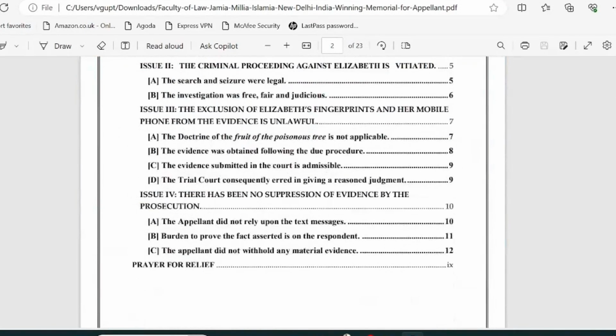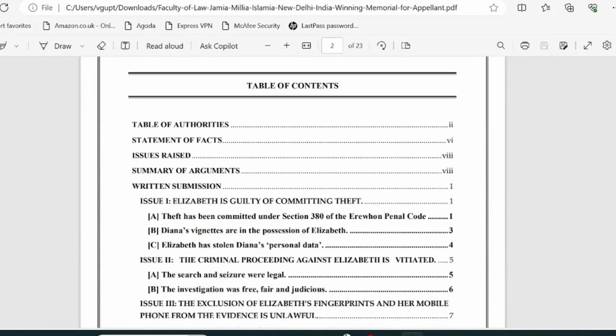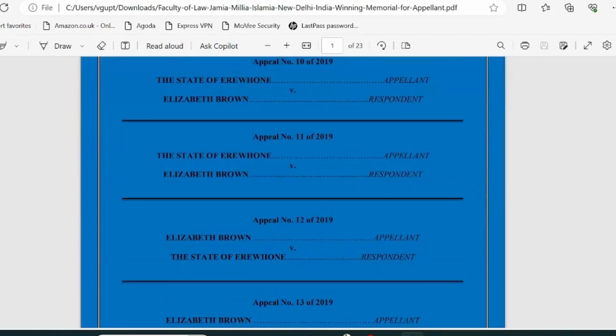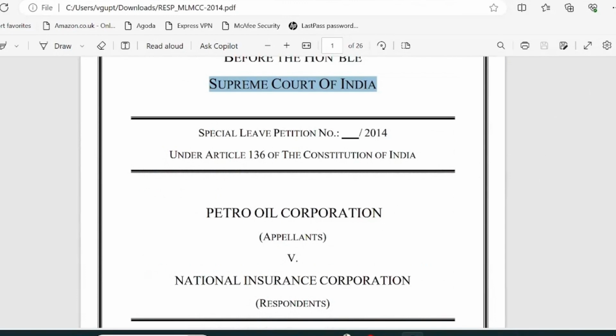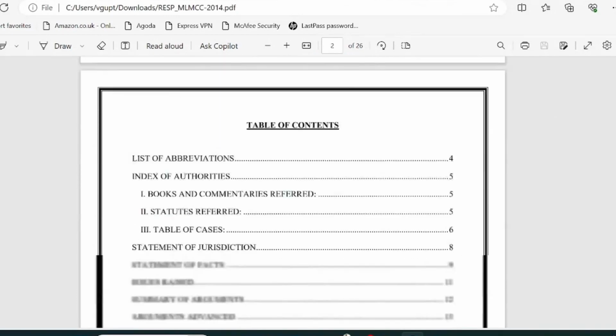Where have they mentioned the statement of jurisdiction? Okay, so they have not mentioned the statement of jurisdiction, which is a little weird, but ideally they do. Let's look at the other.